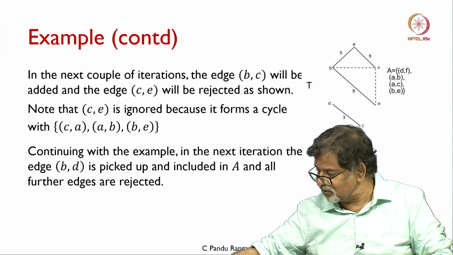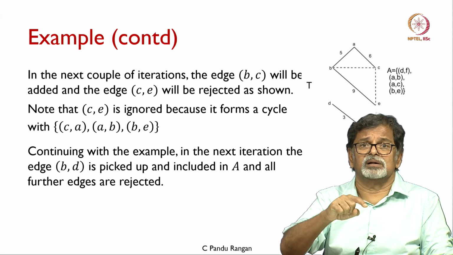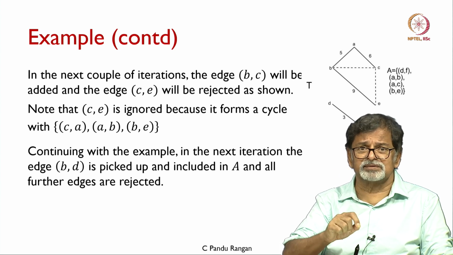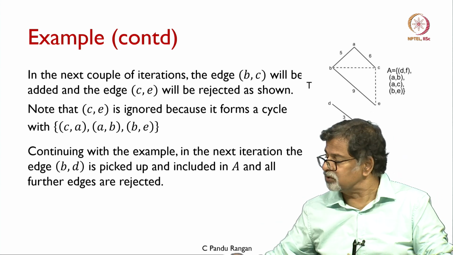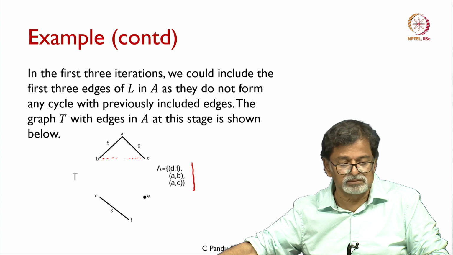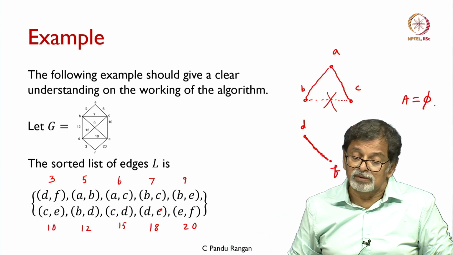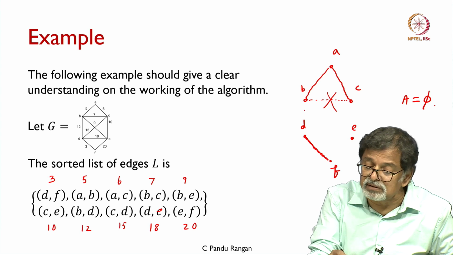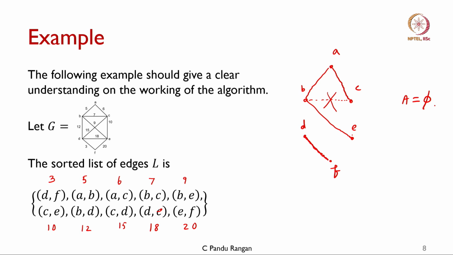ignored. Okay. What I would do is I will go back to the picture where the list is available and I have drawn the, then I will come back to this. So, BE is considered, CE will be ignored because CE is forming a cycle, right.